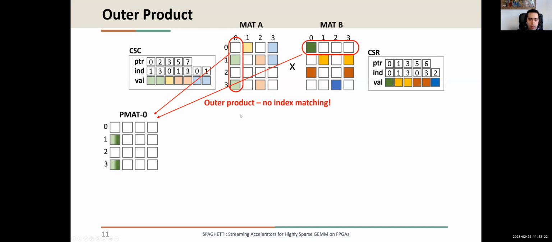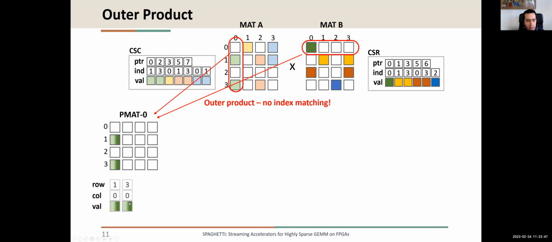And the point is that the outer product doesn't need any index matching, because every non-zero element that we have in this column should be multiplied by every non-zero element that we have in this row. So in this case, we have two non-zeros here, one non-zero in this row. That gives us this partial matrix with this format.